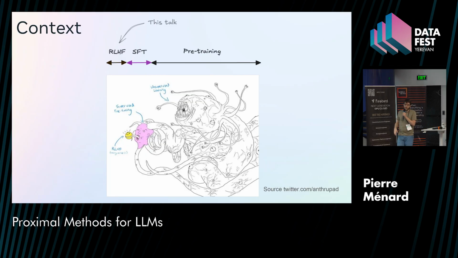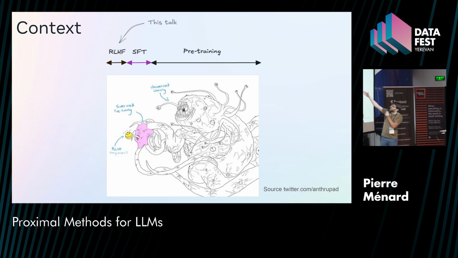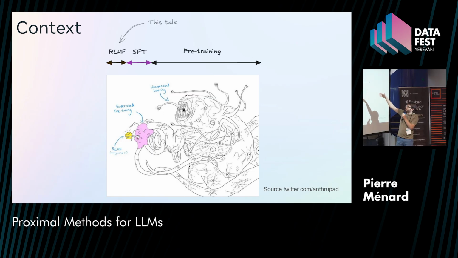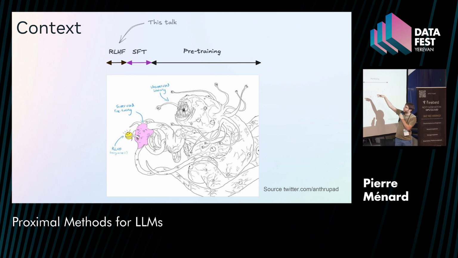Okay, so just for a bit of context, the training of an LLM can be split into three main stages. First, you have the massive pre-training with next token prediction. Then you do some supervised fine-tuning, where the model will learn to follow instructions. And finally, you have the last part, which is reinforcement learning.